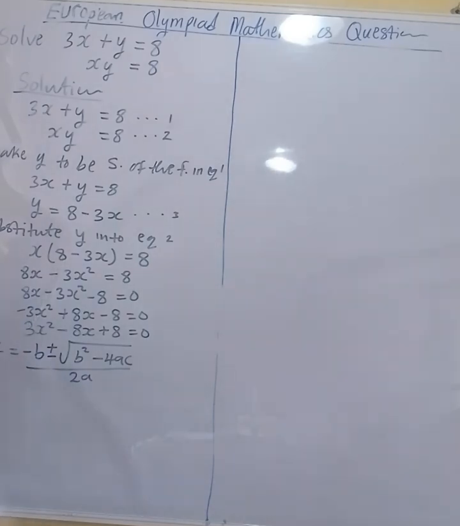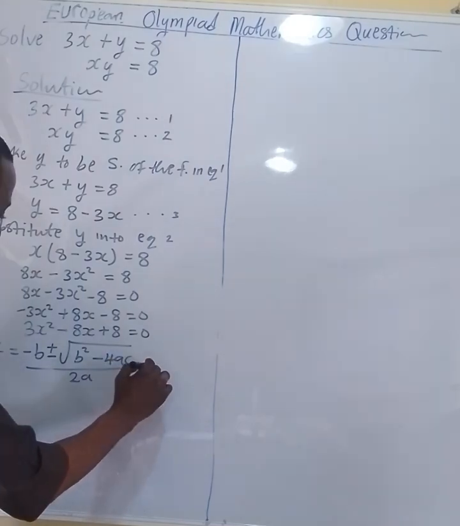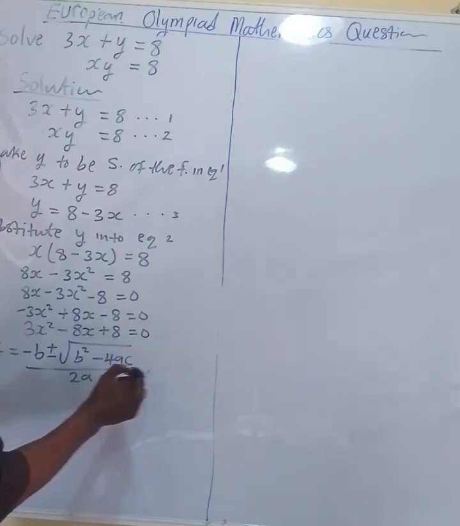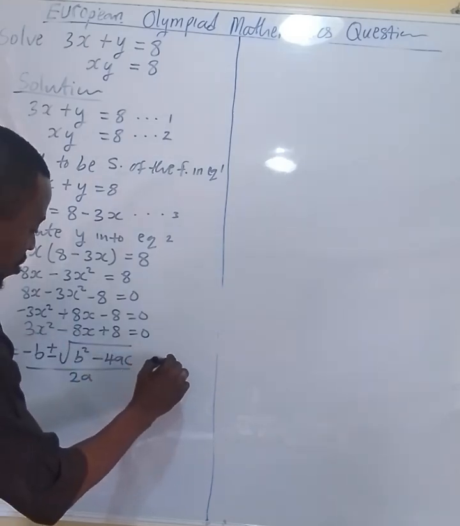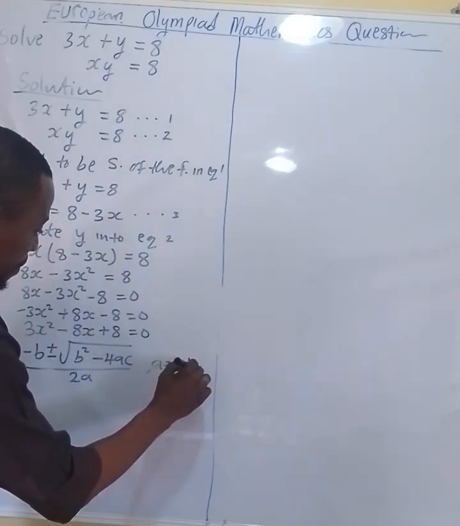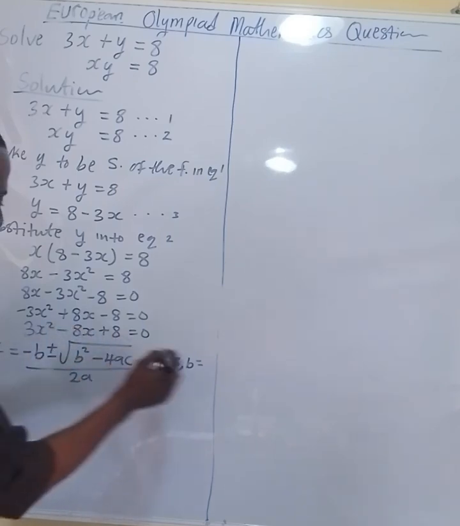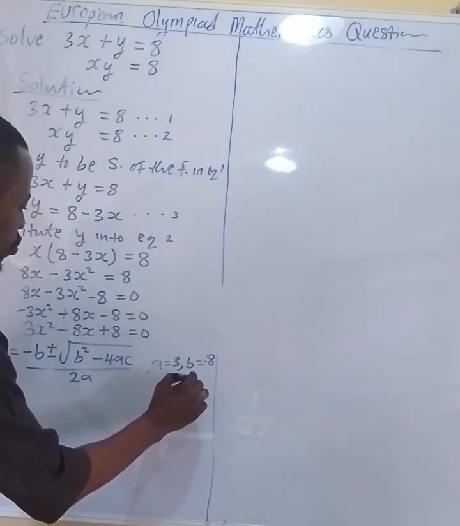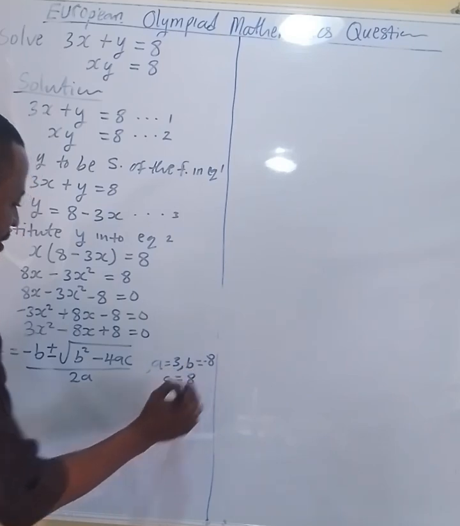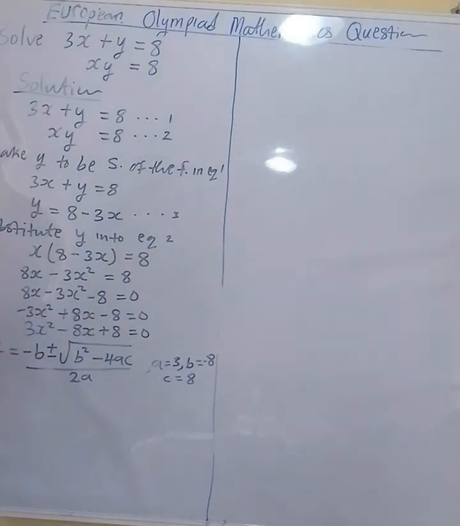Now we identify our a, b and c. From the quadratic equation, a, which is the coefficient of x squared, equals 3. b, the coefficient of x, is minus 8, and c, the constant, is 8. Those are the variables we are going to substitute into the formula.